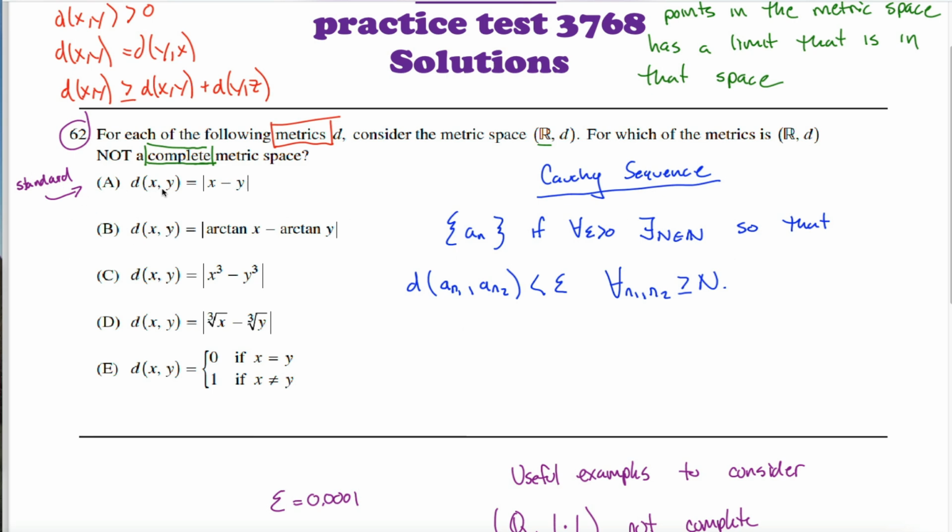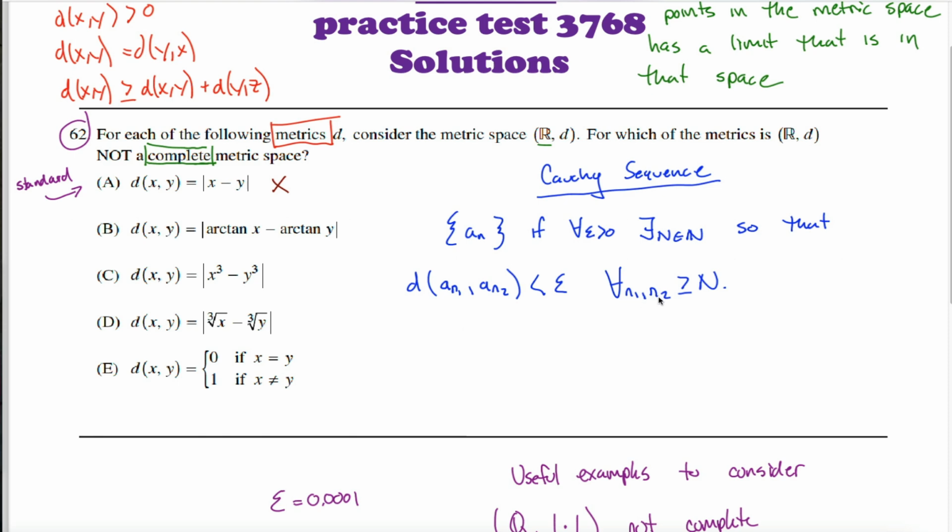So with our standard notion of distance, there's no way this is going to work. Right? Maybe I choose epsilon to be equal to 1, sure. In order for my sequence to be Cauchy, there's some point in the sequence so that the distance between any two terms of the sequence after that point are within 1 of each other. But remember, the terms of the sequence are real numbers. So the capital Nth term in this sequence is a real number.